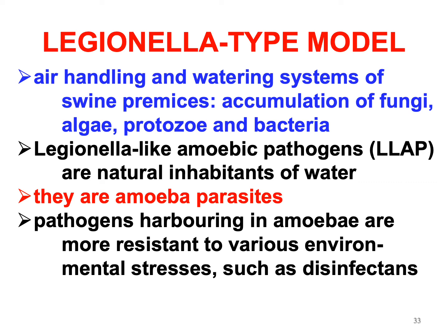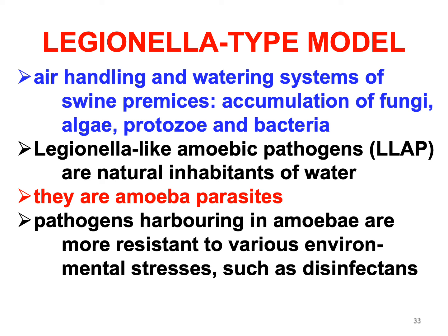The air handling and watering systems of swine premises contribute to the accumulation of fungi, algae, microalgae, protozoa, and bacteria. And also not the human Legionella, but the Legionella-like amoebic pathogens, LLAP, are natural inhabitants of the water. And if the water sources are infected, they can survive.